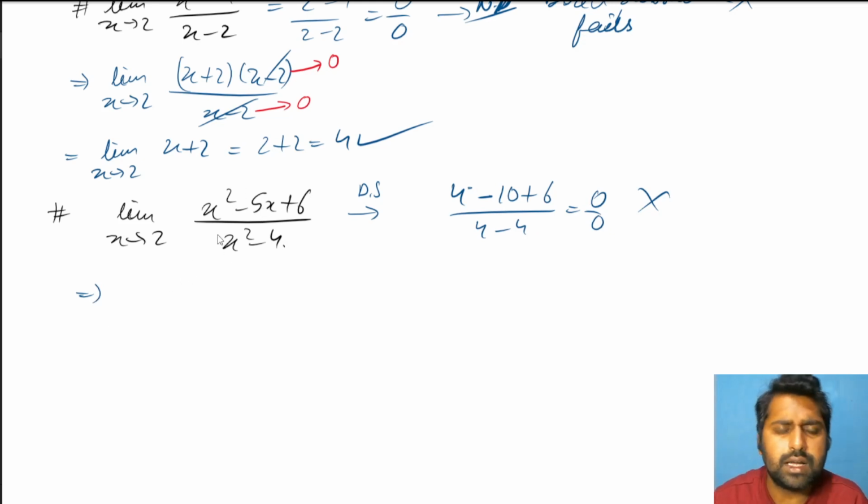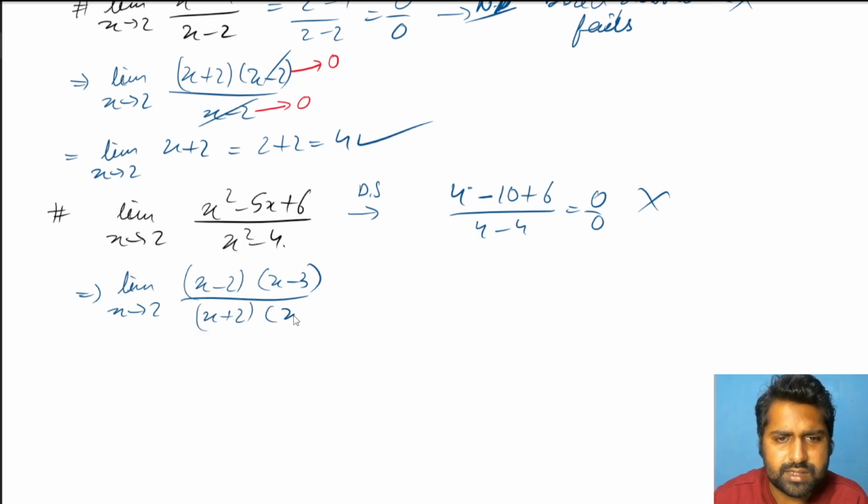I can see a quadratic, I'll factorize. So, limit x tends to 2. The numerator becomes x minus 2, x minus 3, and the denominator becomes x plus 2, x minus 2. So you can see these two factors were actually creating 0 by 0. If you put x as 2, 2 minus 2 is 0, 2 minus 2 is 0.